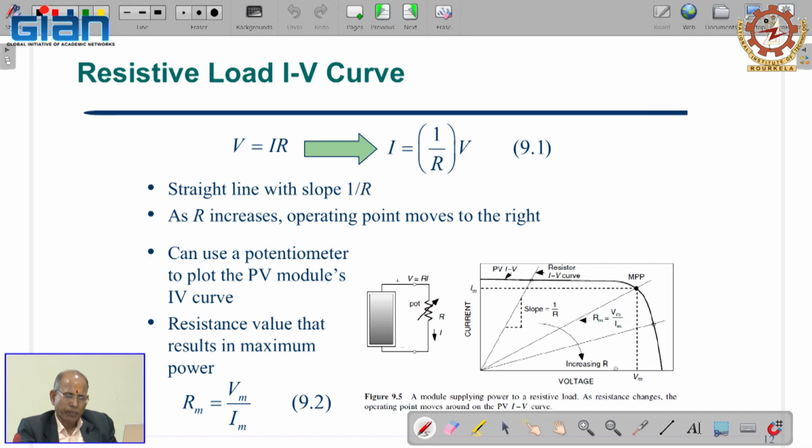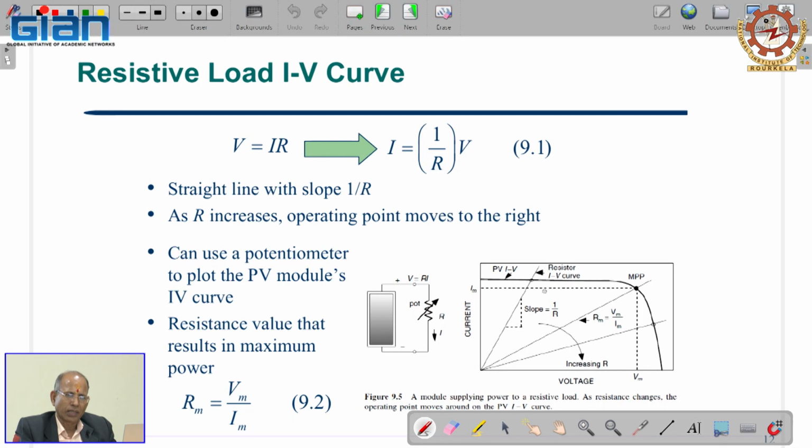So you can have this line, depending upon how much resistance you are setting. 1 by R here is the slope.